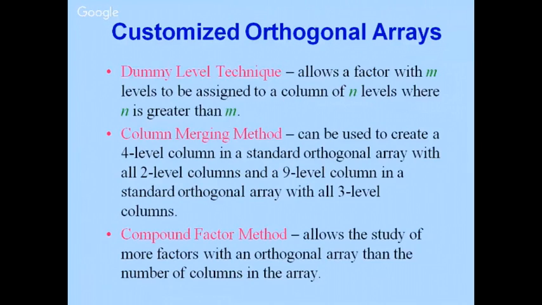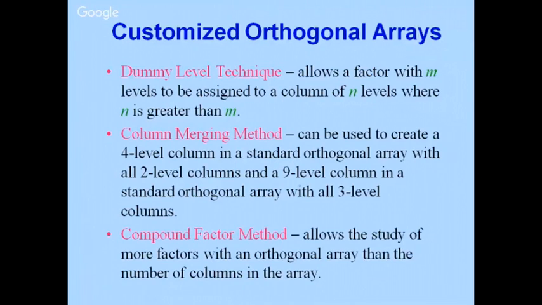Column merging method. It can be used to create a 4-level column in a standard orthogonal array of all 2-level columns. What I mean here is that in a given experiment, you talked of 7 factors at 3 levels, but that may not be the requirement. Out of those 7, you may have 5 at 3 levels and 2 maybe at 6 levels.